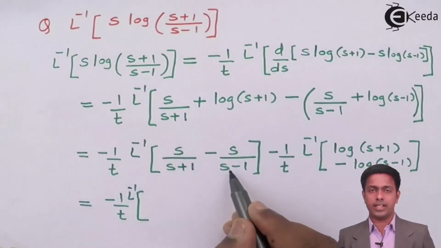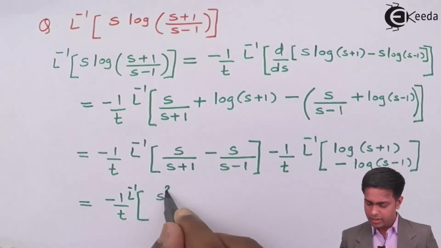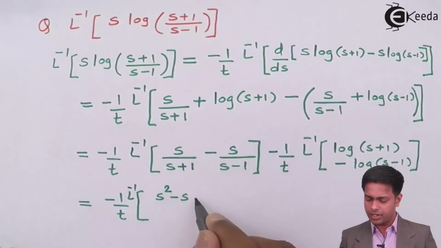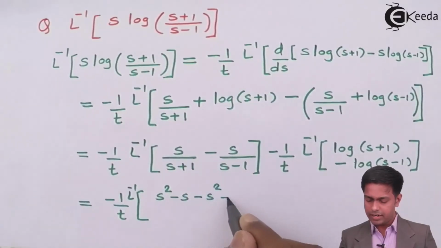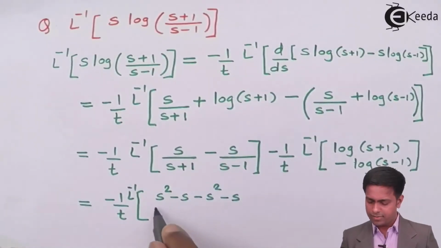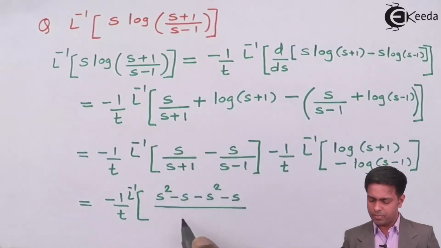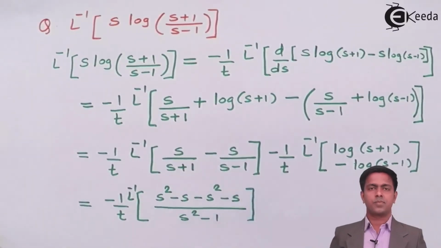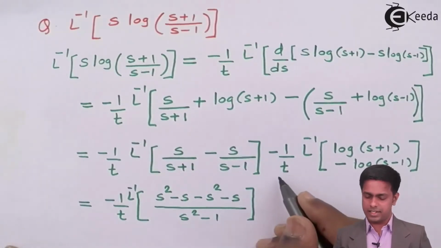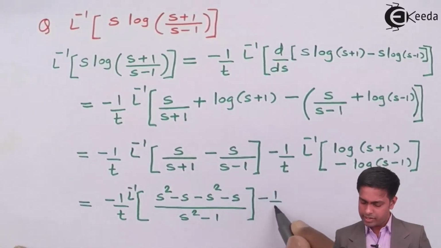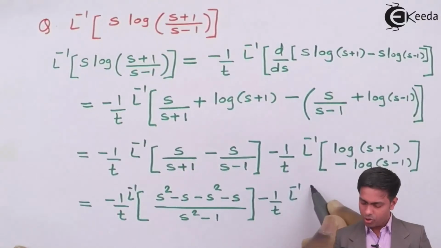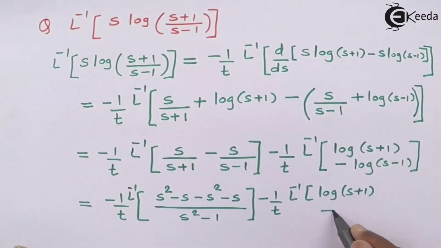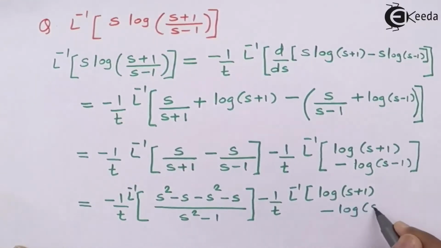So s into s, that is s square, s into minus 1 is negative s, this will become negative s into s, negative s square, and negative s, upon this into this, which will become s square minus 1. And this function as it is, which is minus 1 upon t, Laplace inverse of log of s plus 1 minus log of s minus 1.